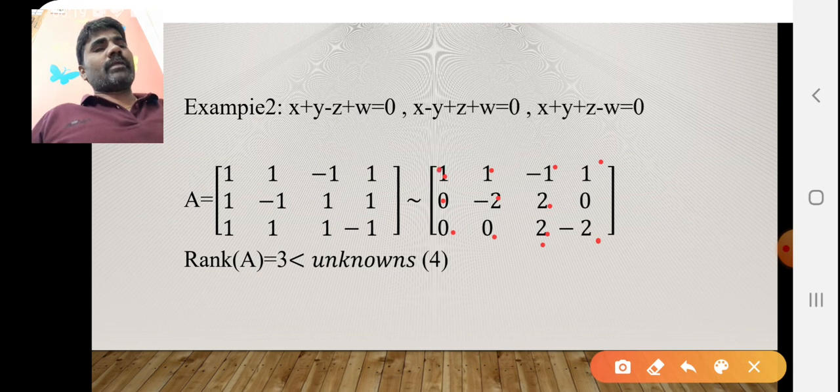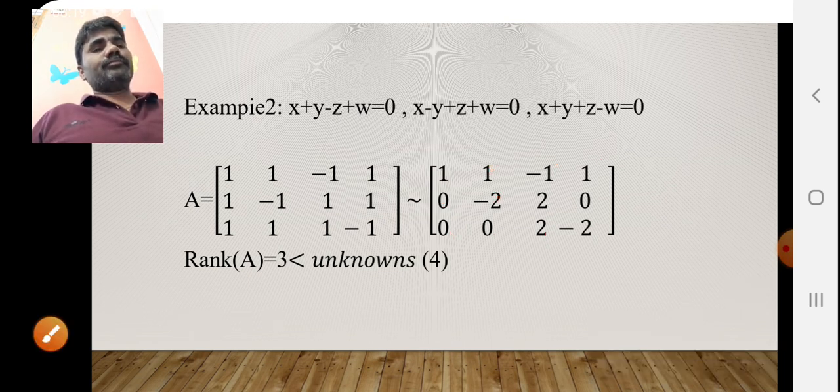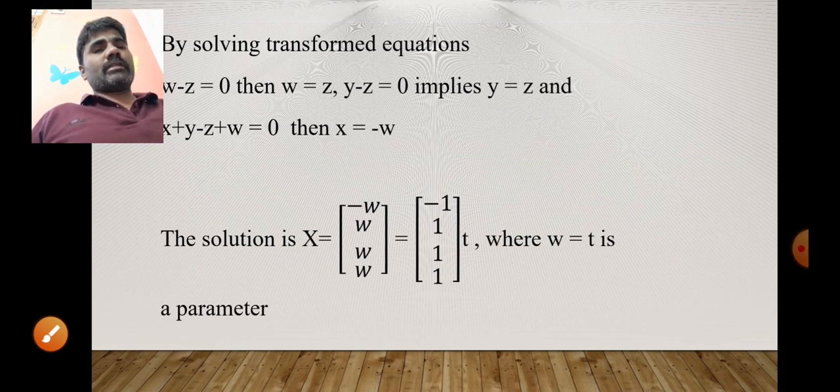That's why only x plus w is left, that is x equals minus w. Therefore the solution is x equals minus w, where w is a parameter.